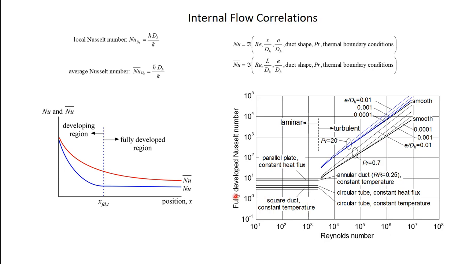So I'm plotting here the fully developed Nusselt number, which means that I'm way out here where the duct is extremely long, so that the average and the local friction factors approach each other, and L over D is no longer an input anymore, right? So the inputs then are the Reynolds number, the relative roughness, the duct shape, the Prandtl number, and then your thermal boundary conditions, right?